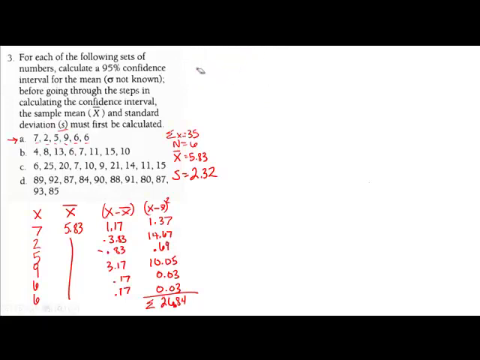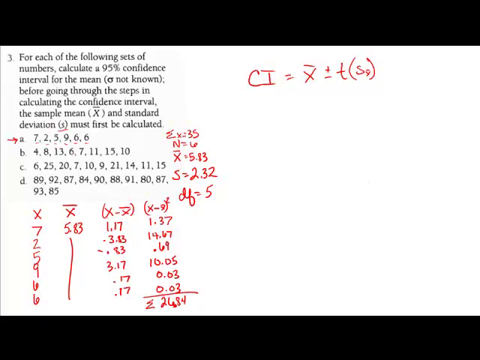Okay, let's make some room. What's the next step? 95% confidence interval. So for my confidence interval, I do not know sigma. I have the mean, so it's going to be x bar plus or minus the critical value of t times the standard error. So I've got two more things to figure out. The first is, what is t? Well, if I have an n of 6, degrees of freedom are going to equal 5.